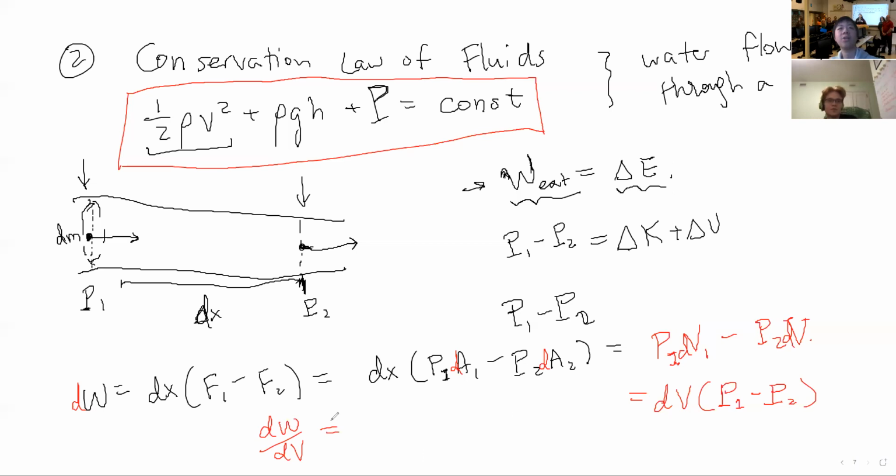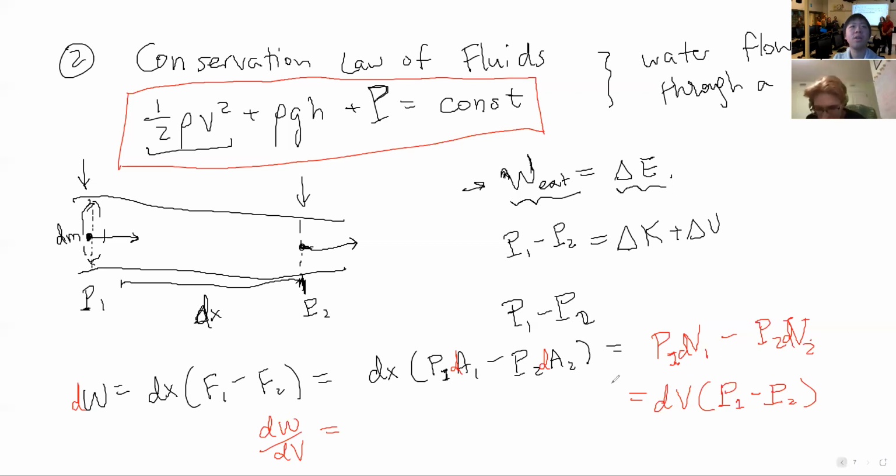Let's rephrase this. Aren't the volumes different? But the flow rates are the same by the continuity equation. So this is V1 and V2.